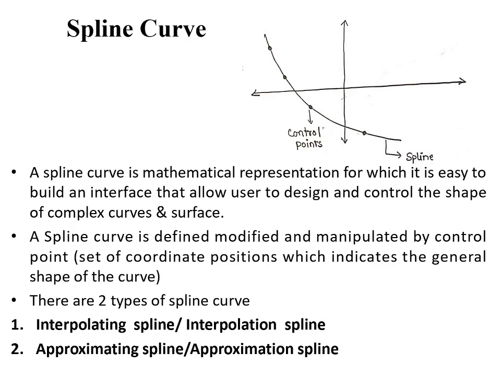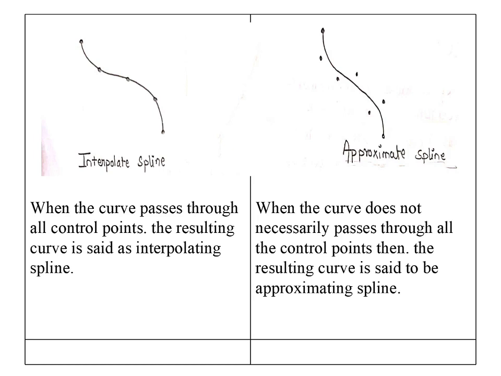A curve that passes through each control point is called an interpolating curve.